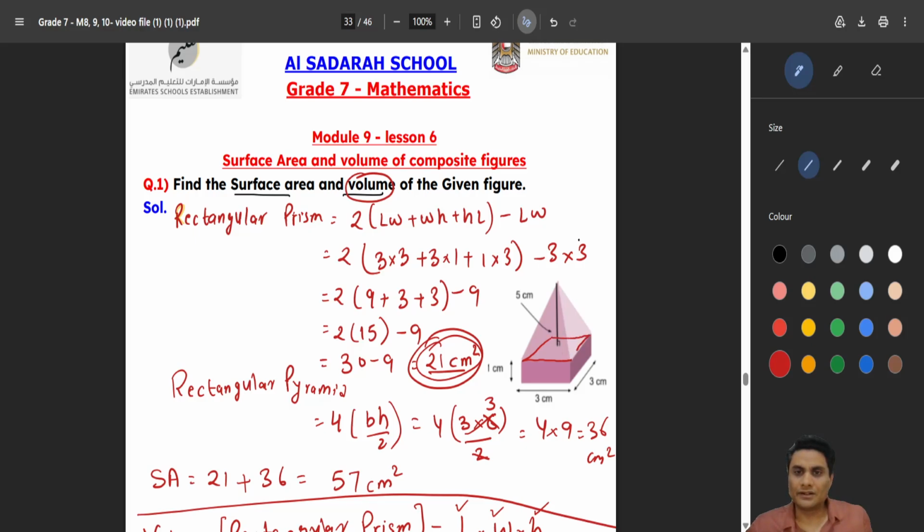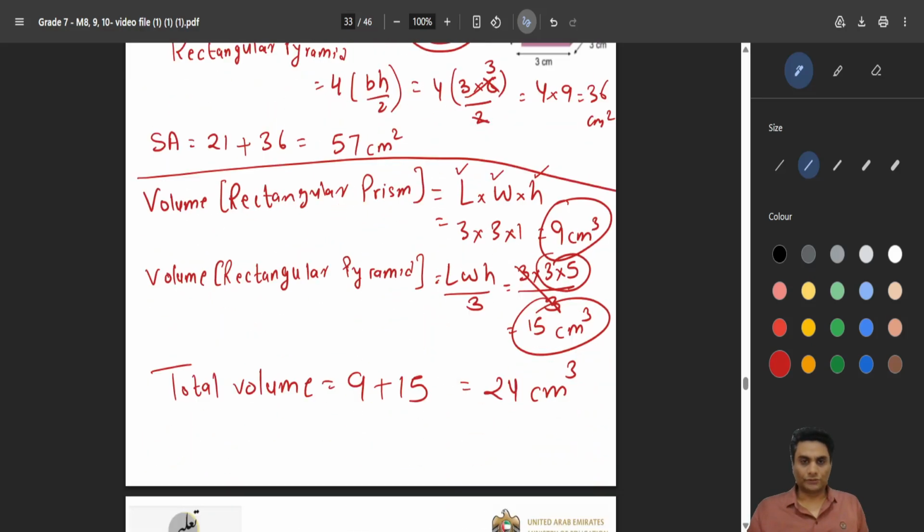For example, here this rectangle was hidden, it was not there anymore because it vanished as soon as I joined these two shapes. So from the surface area of both the shapes you have to subtract this. You will not calculate its area. You just have to keep this in your mind, and the rest of the things are similar. Okay, now let us move to the next question.